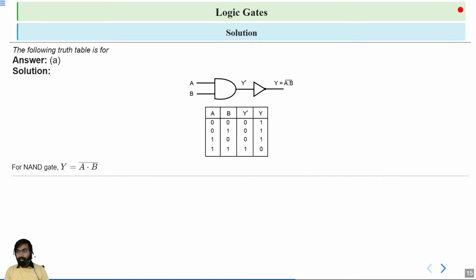So the output Y is the negation of the AND operation between inputs A and B. This is expressed as Y equal to (A dot B) complement, where the bar over A dot B indicates the NOT operation. If A and B are both 1, Y becomes 0. In all other cases, Y is 1. Yes or no? NAND gates are fundamental in digital electronics and are used to build more complex circuits. Clear?